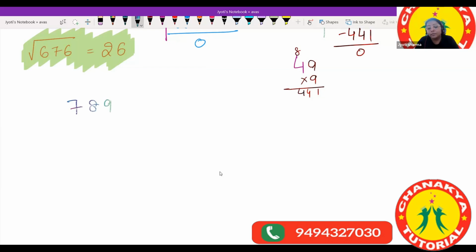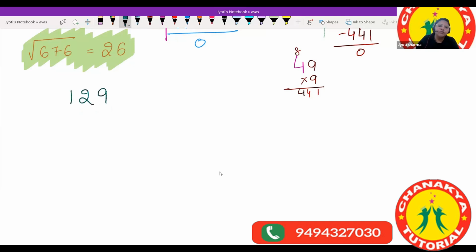But I think 789 is not a perfect square. And right now I'm teaching you only perfect squares. Once you are perfect with perfect squares, then I'm going to teach you imperfect squares as well with the same method. So it's simple. You will be moving with decimals. That's it. Nothing else. Now 789 is not a perfect square. That's why you were facing a problem. All right. Let's do the next question.